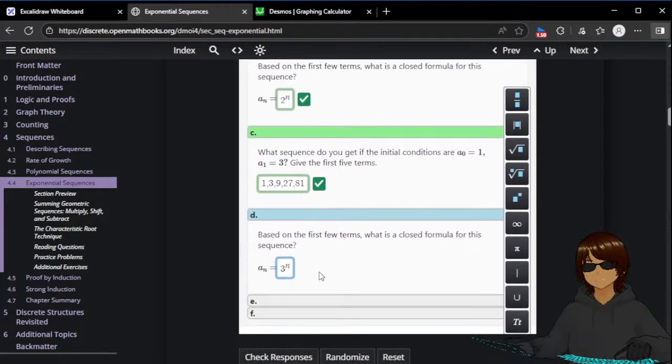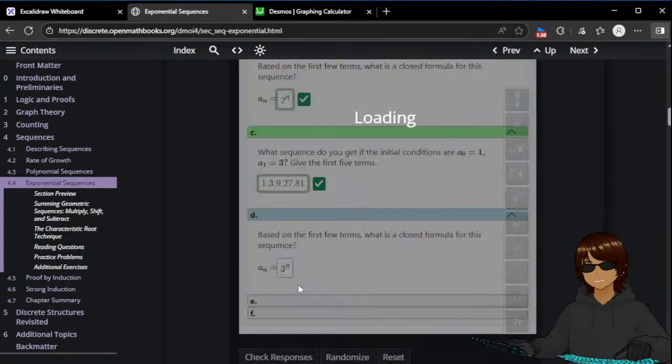Yeah, A0 is 1, A1 is 3. So A2 is 3 squared and then 3 cubed and then 3 to the power of 4.